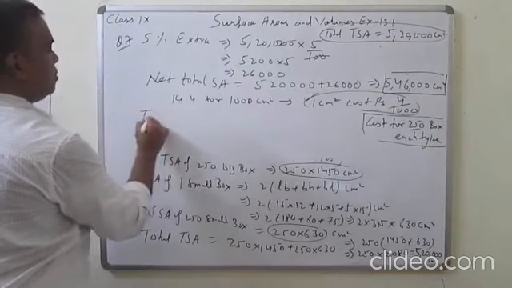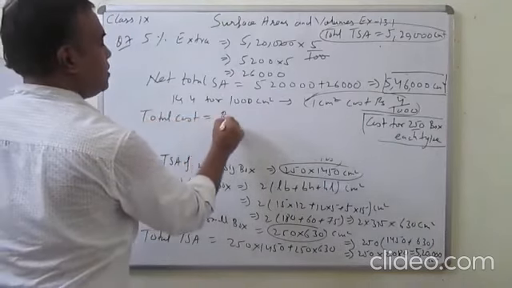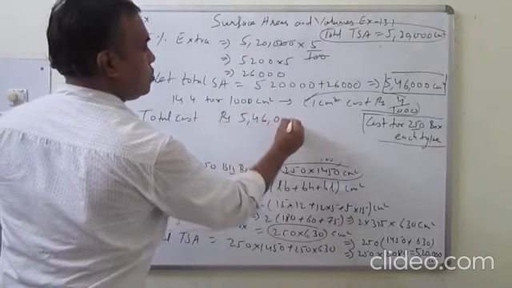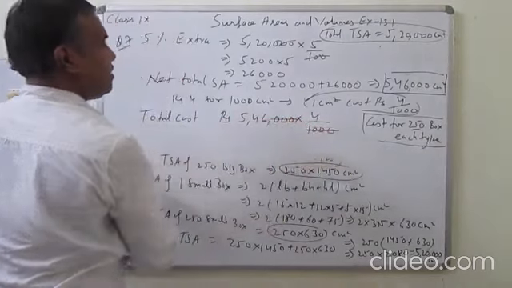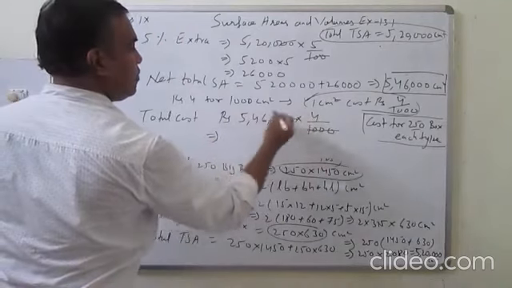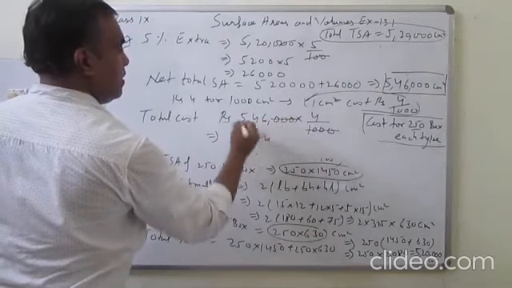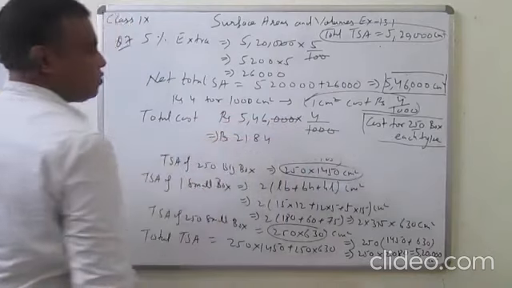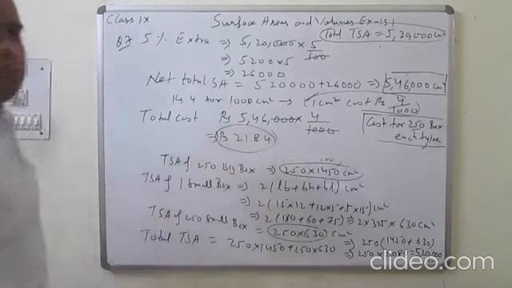Total cost is equal to rupees 5,46,000 into 4 upon 1000. 3 zeros will cut, multiplied by this: 5 4s are 20... 2184 rupees is the total cost of making the box.